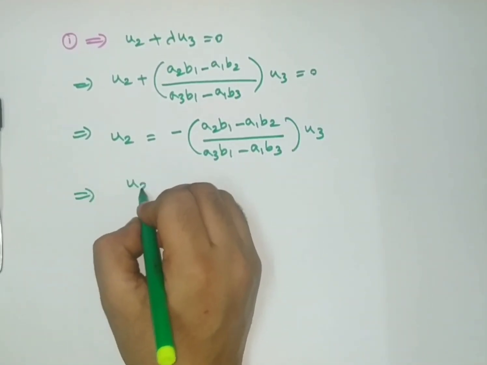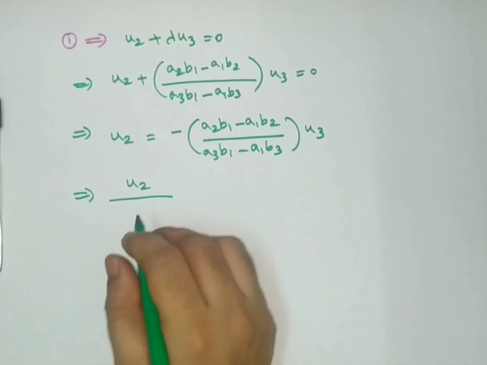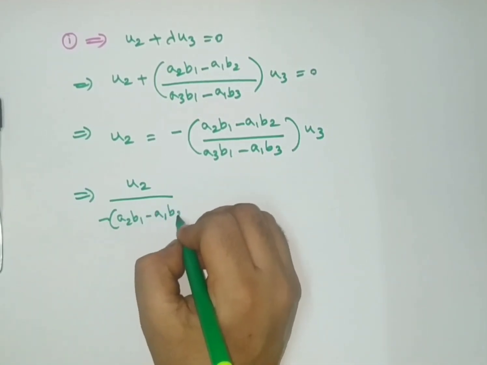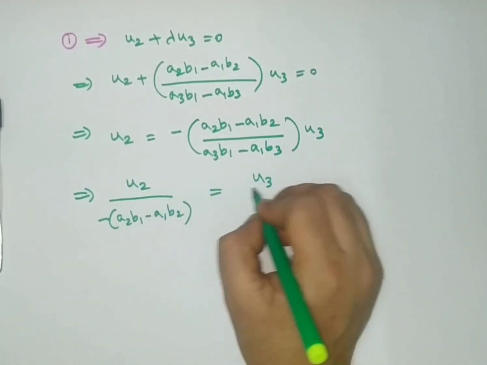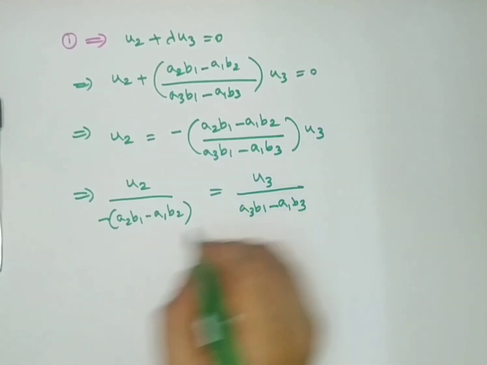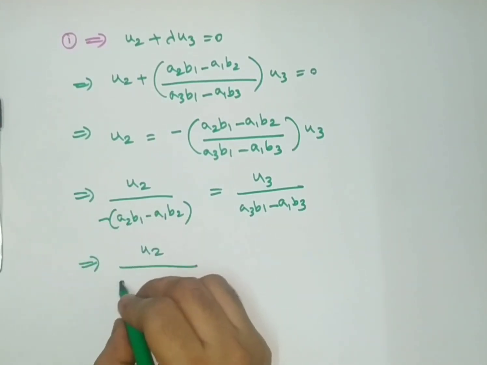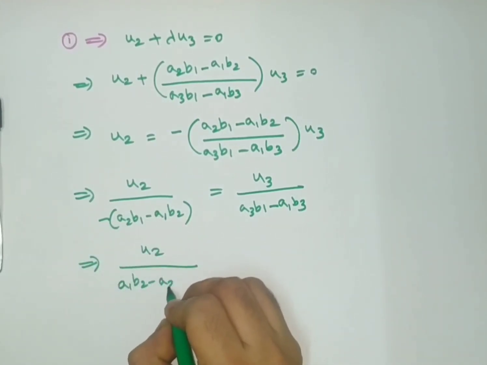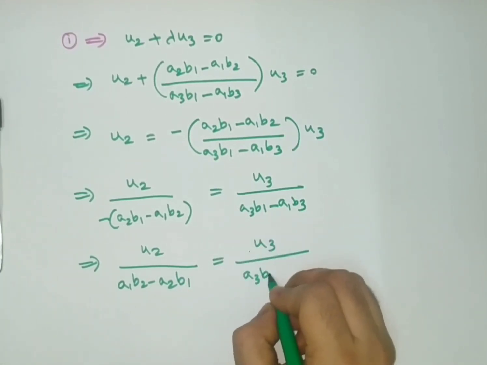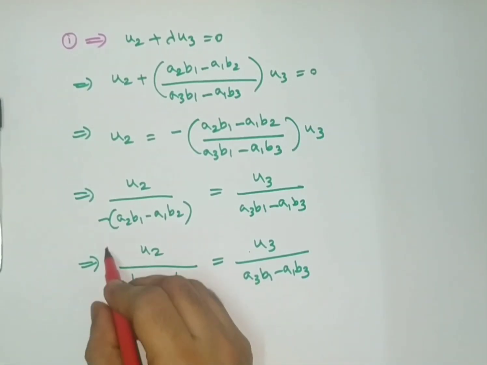So that is equal to u2 by minus of a2 b1 minus a1 b2 is equal to u3 by a3 b1 minus a1 b3. So that implies u2 by, taking minus inside, a1 b2 minus a2 b1 is equal to u3 by a3 b1 minus a1 b3. It's a very lengthy problem.